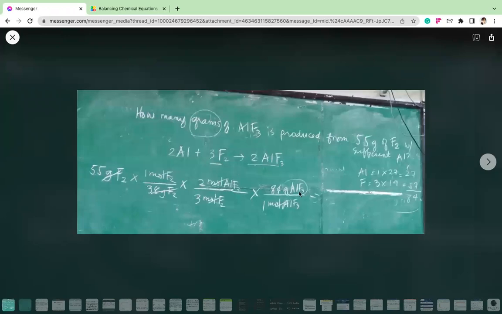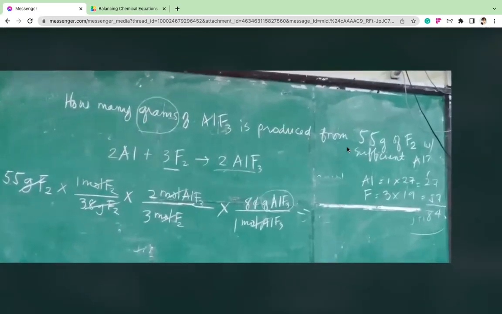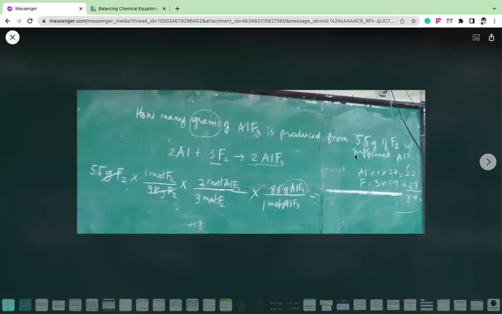Sagutan natin tong problem na to. So, meron kang itong problem, no? Wait up. So, how many grams of aluminum fluoride is produced from 55 grams of iron with sufficient aluminum? So, anong given?